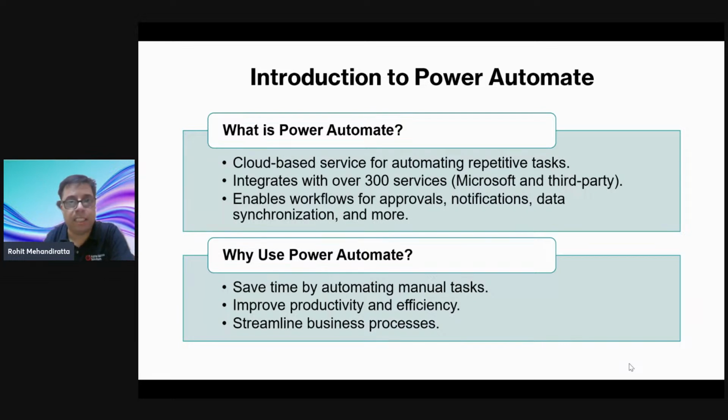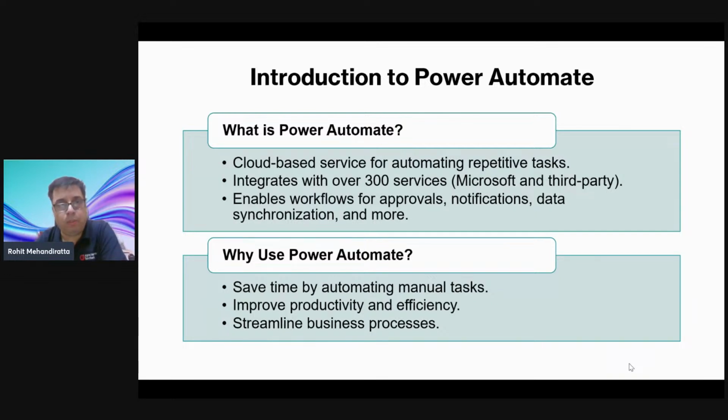If you have an Excel file from which you want tasks in Planner to be created automatically, you can do that. Any repetitive task which can be automated, we can do using Power Automate.